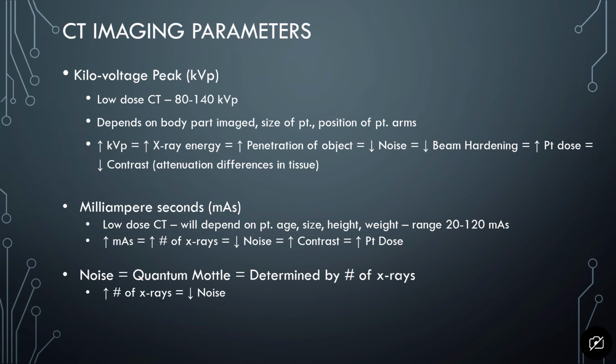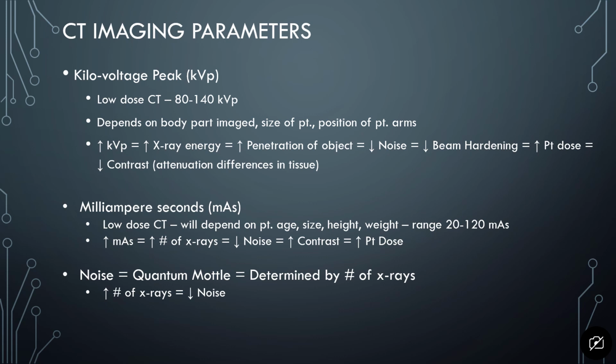If you have a higher kVp, that means you have a higher X-ray energy, which means it's more likely to penetrate through the patient. This will decrease noise. It will decrease beam hardening. It will increase the patient dose, and then eventually it will decrease the contrast because you won't see as much attenuation difference in the tissues.